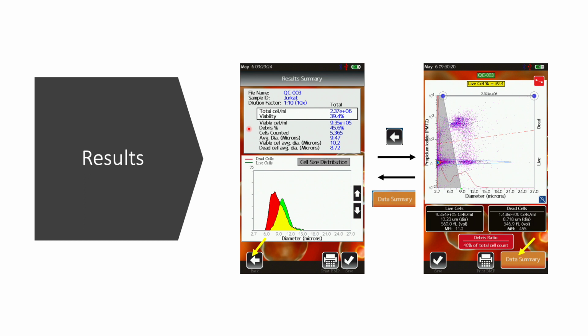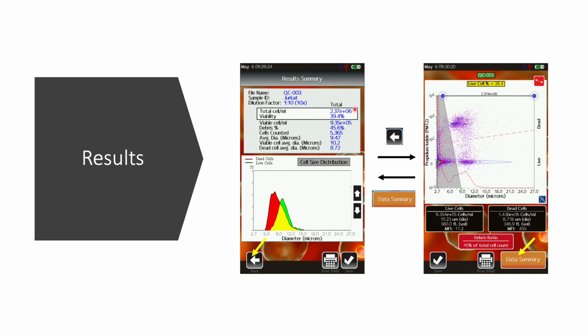You notice that the diameter of the dead cells, shown here in red, will be less than the diameter of the living cells, shown here in green. And then in yellow, you have the overlap of both the dead cells and the living cells. It makes sense that the dead cells have a smaller diameter, as when the cell dies, they become permeable, and so they start to shrivel as the water leaves the cell.